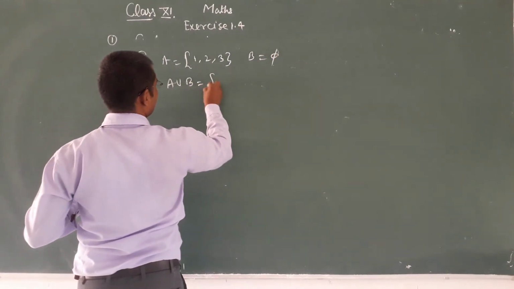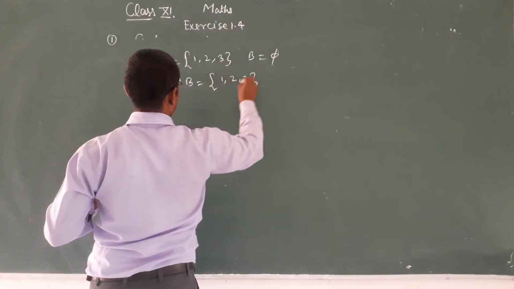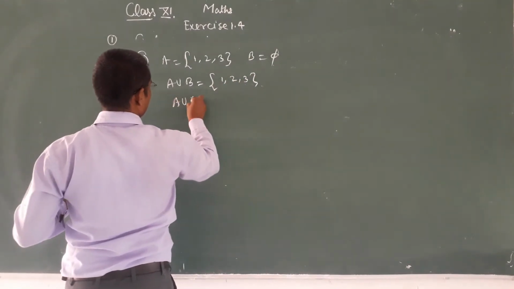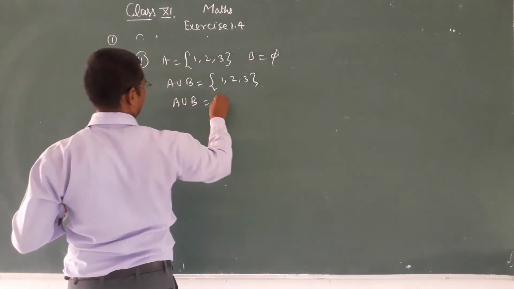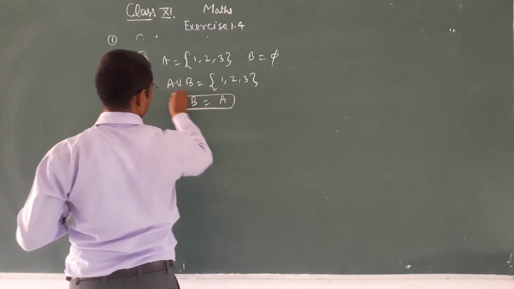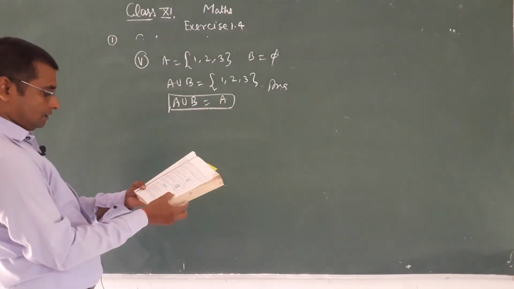So A union B is equal to the set of B, which has no elements. So A union B is equal to the elements 1, 2, 3, or A union B is equal to {1, 2, 3}. The union with the empty set is equal to A. So this is the answer.